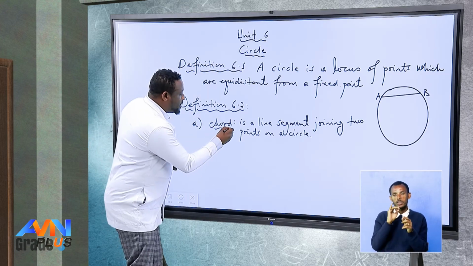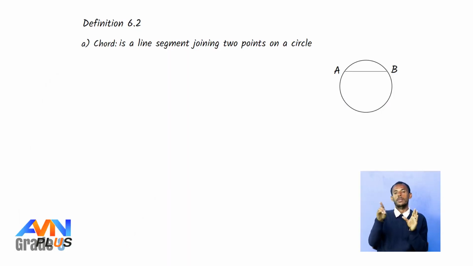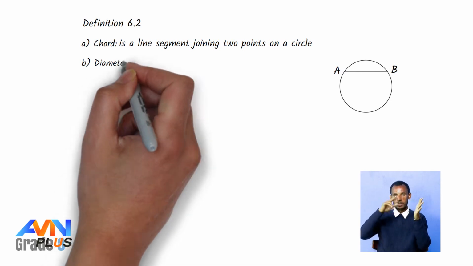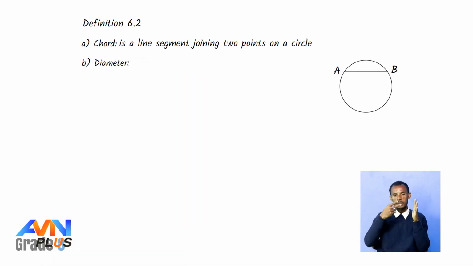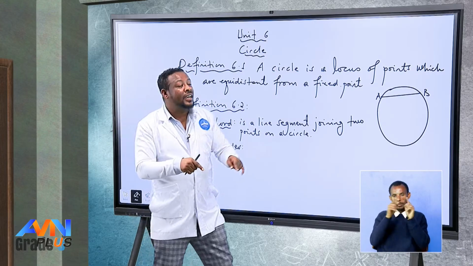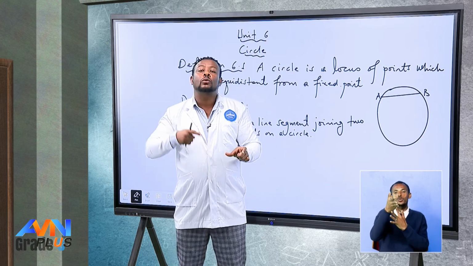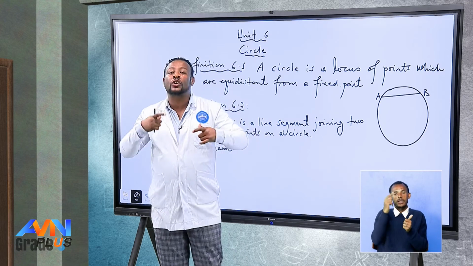The second one is a diameter. Diameter of a circle is also a chord, but a diameter is a line segment passing through the center, and which is assumed to be the largest chord.